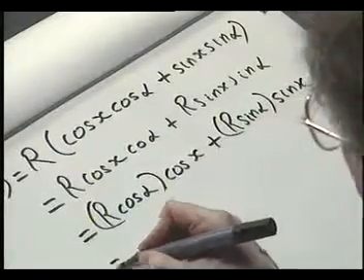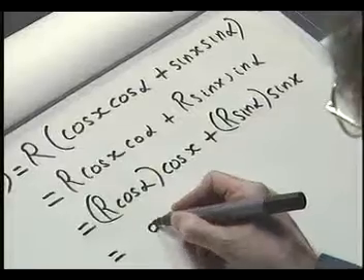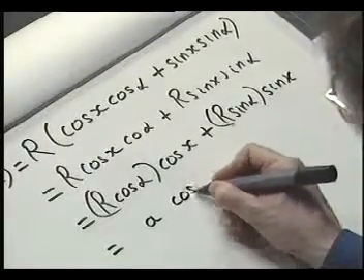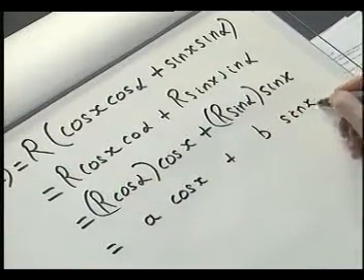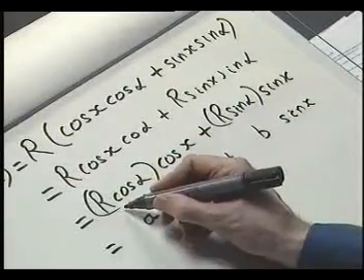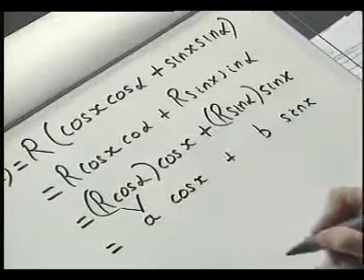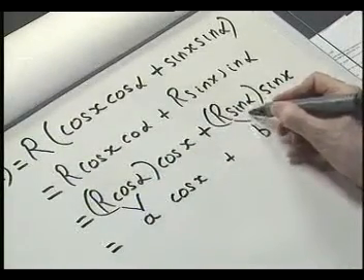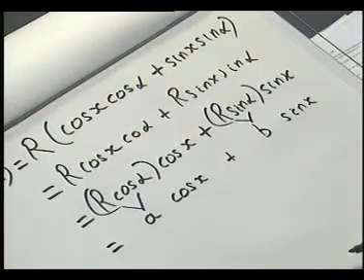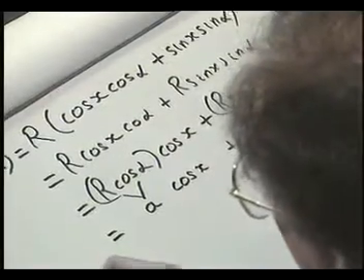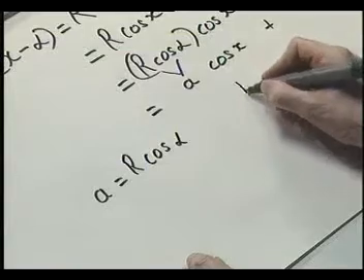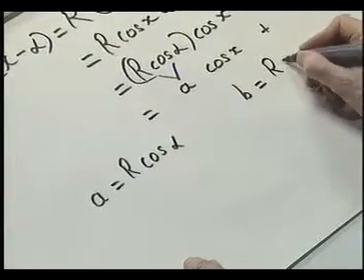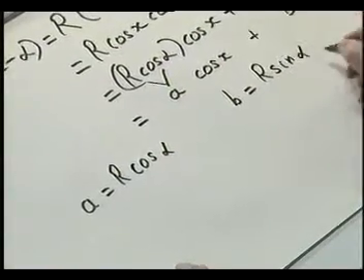And what we want is that this should be A cos x plus B sine x. In other words, this R cos alpha will be A, and this R sine alpha will be B. So we can make that identification: R cos alpha is A, and B is R sine alpha.